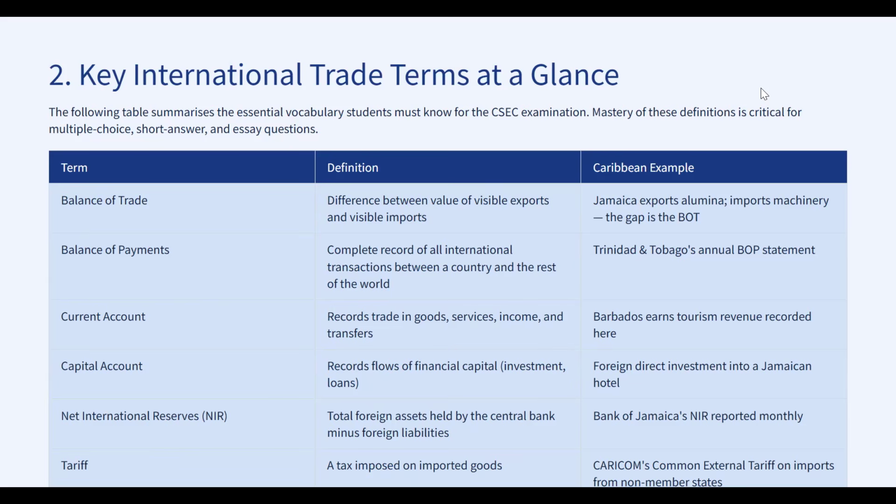See, total foreign assets held by the central bank minus anything they own. Right? This is normally used to pay off debts or pay for imports. Or let's say they're lacking foreign exchange, you could use that.